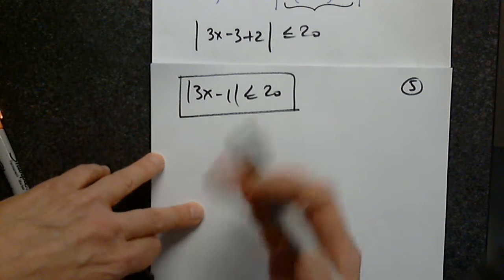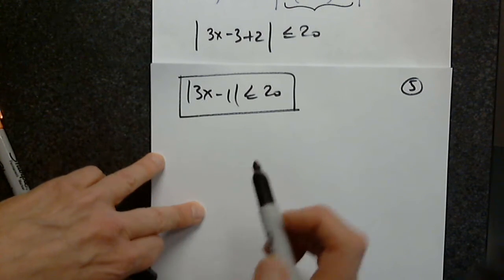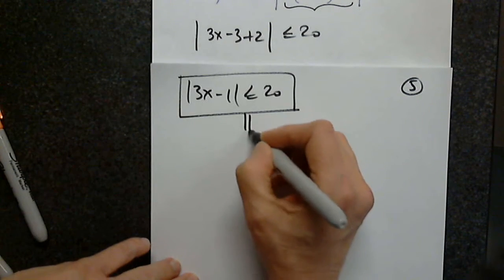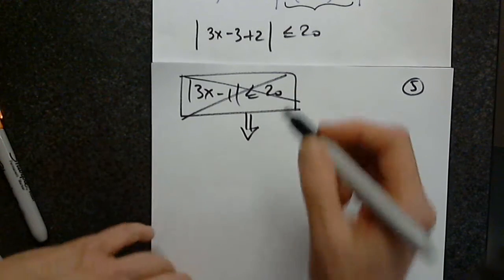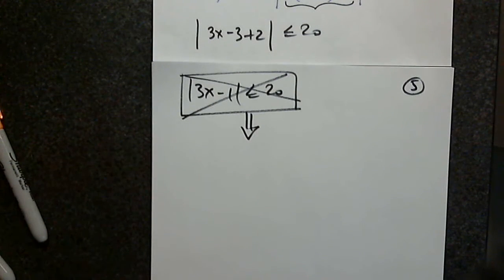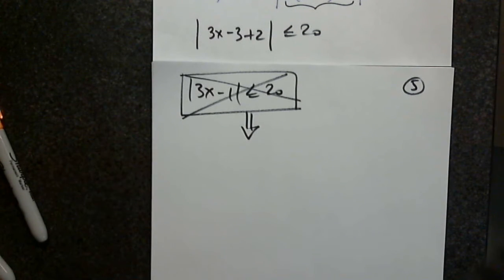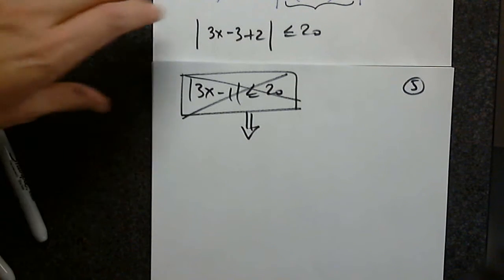Do not try to distribute or take something outside or say, oh, I can drop the absolute value symbol. No, it's not a grouping symbol. You can only replace it by what it equals to, or something that will give us the solutions, but you cannot touch that. So how do I convert this, and what do I convert it into?